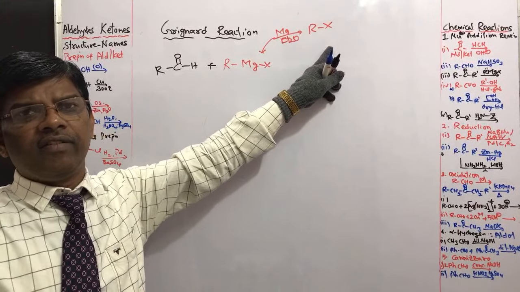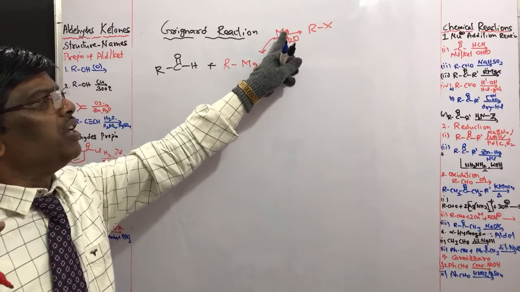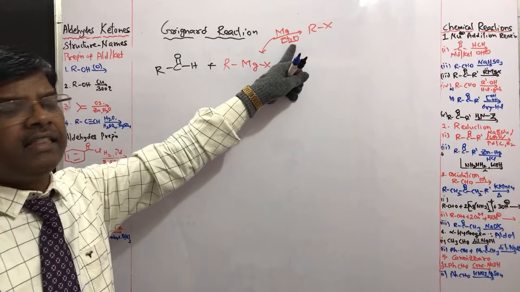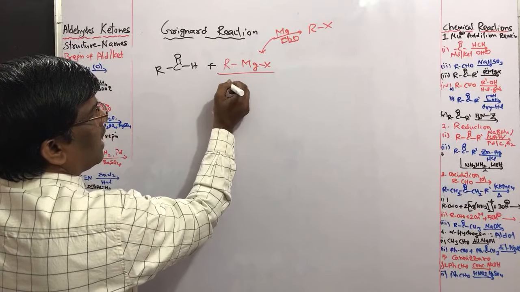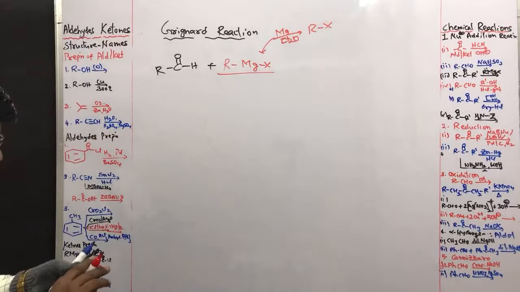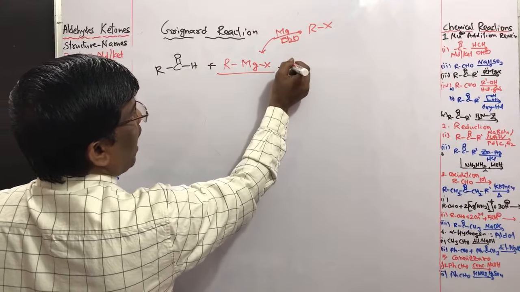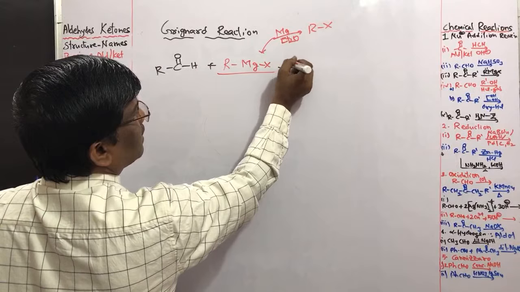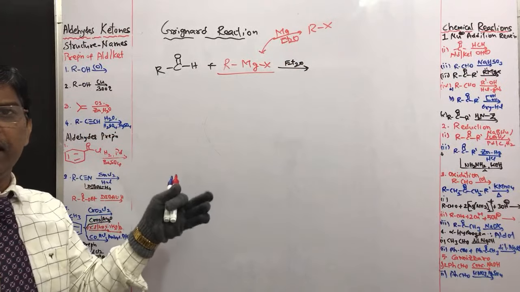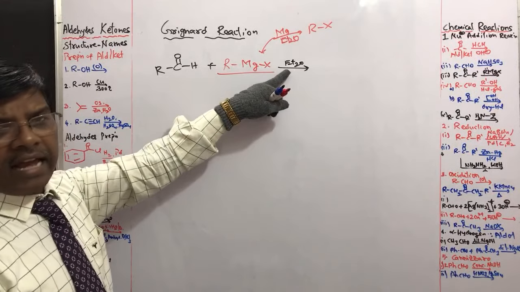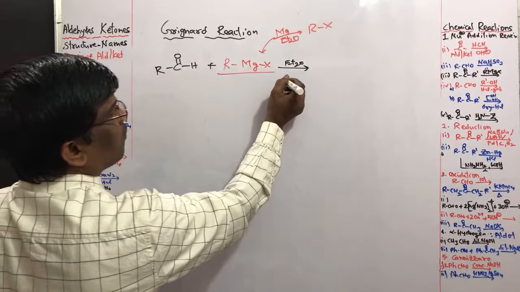Chlorides are less reactive when compared to bromides. So when you add magnesium to alkyl halide in dry ether, you are going to get the Grignard reagent. Alkyl magnesium halide is a Grignard reagent. You take this reaction in diethyl ether as a solvent, and the diethyl ether has to be dry. You can use tetrahydrofuran also in this reaction.